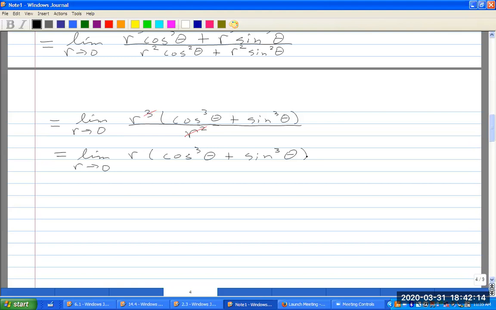Well, cosine cubed plus sine cubed is bounded. It's certainly less than 2 in absolute value. And so as r goes to 0, something going to 0 times something that's bounded will go to 0. Or you can use the squeeze theorem. This is bounded between plus and minus 2r. And as r goes to 0, both 2r and negative 2r go to 0. Therefore, this limit here is 0.